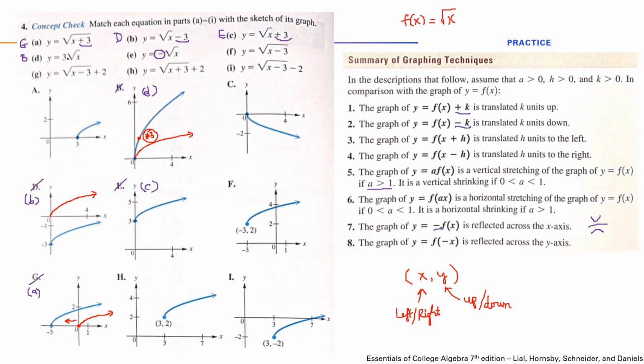So the parent function is like that, and now across the x-axis, you have E. That goes with C. Now F, that minus 3 inside of the root, so it will be moved to the right 3 units. And that is A.